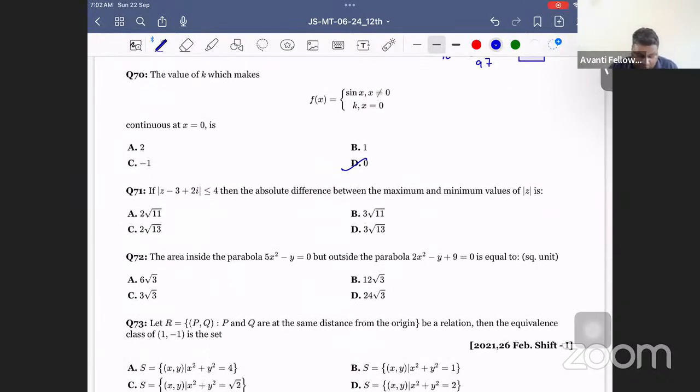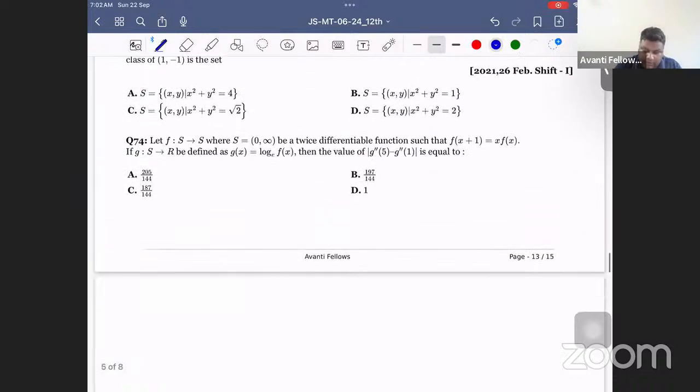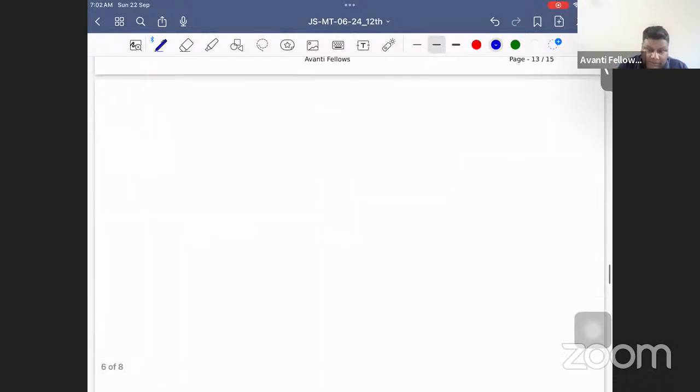Now this is question 71. The modulus of z minus 3 plus 2 iota is less than or equal to 4.